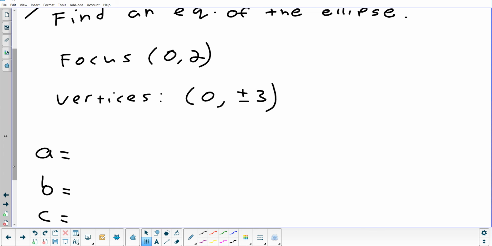A would be 3. So A would be 3, because that's the distance from the center to the vertex. And what other one did you tell me? C is 2.